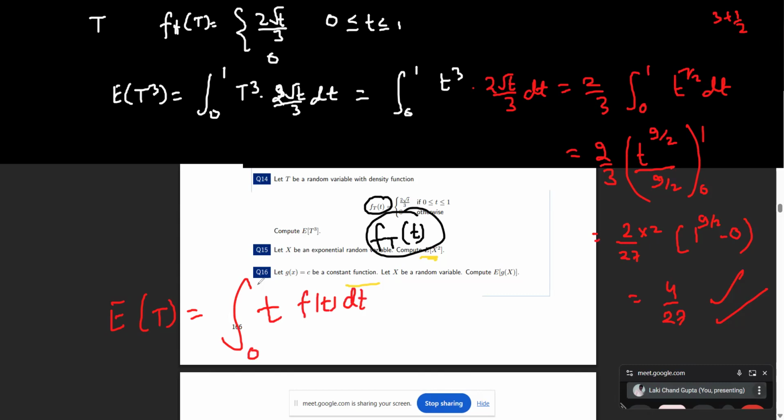So only multiply here by t, not t cube. Because when t cube is given, you multiply with t cube. And this is called the mean.